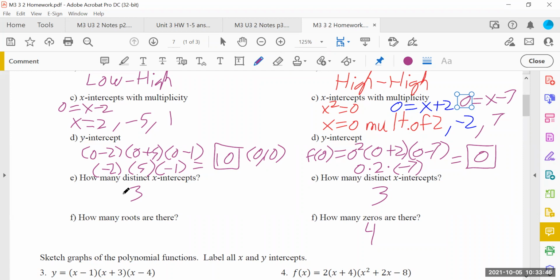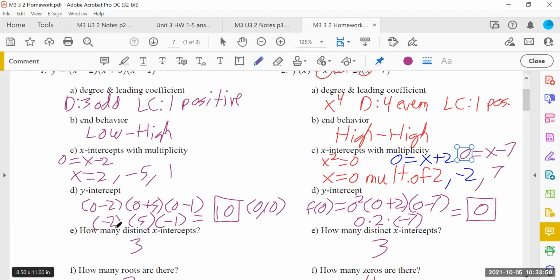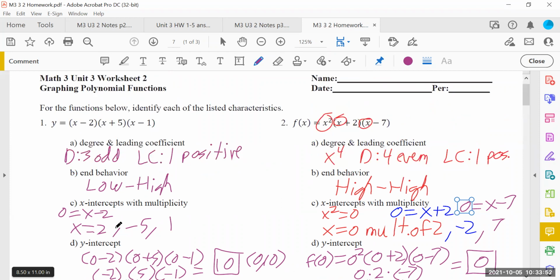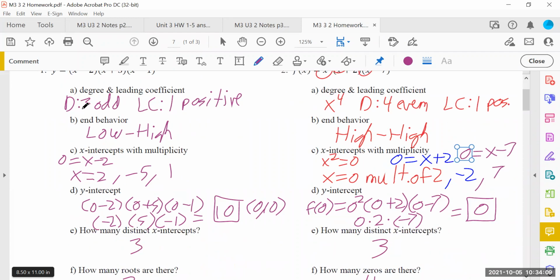It's 3 again. Now, Dom pointed out something that I hadn't mentioned to everybody yet. Remember how we found the degree earlier? That degree is always going to be equal to the number of roots or zeros. Okay? The degree will always be the number of roots or zeros. So whatever you put up there for degree, you could put that down here.